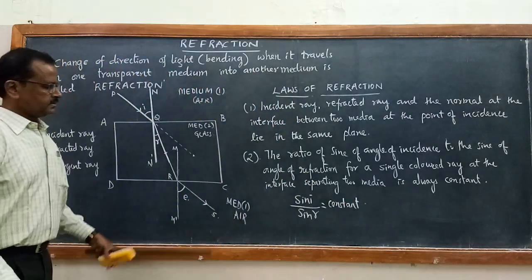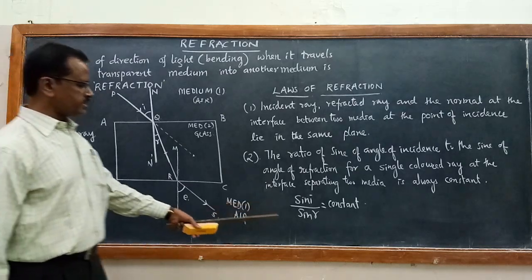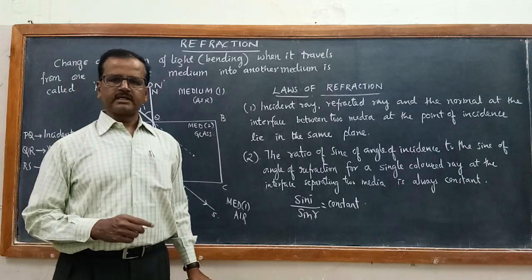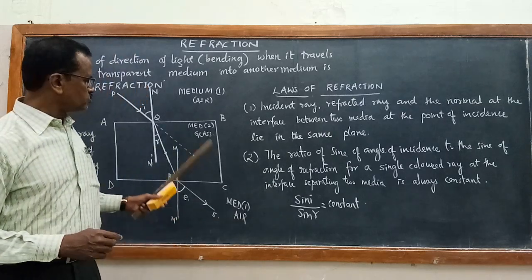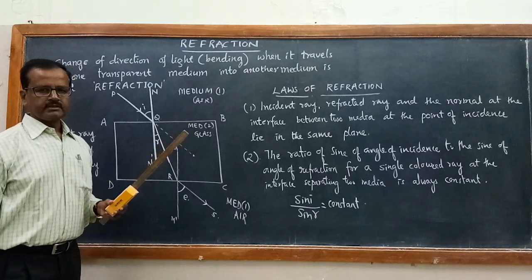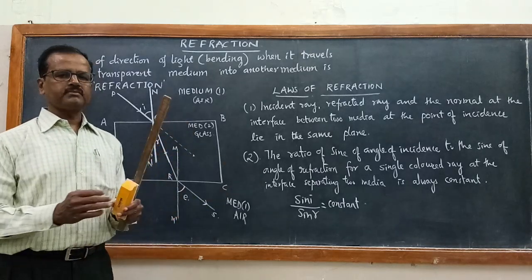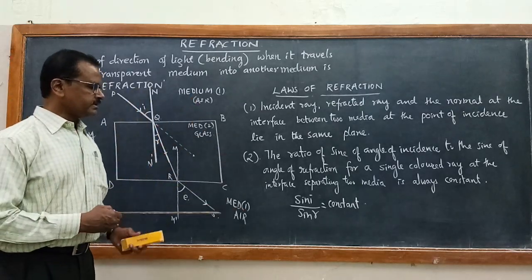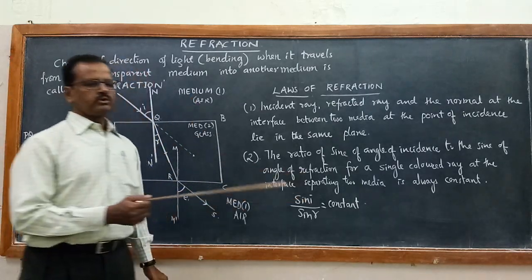This is the ratio, and this constant depends on the two media which are considered here. The two media in this example are glass and air. The constant differs from medium to medium, and this constant is the property of those two media.